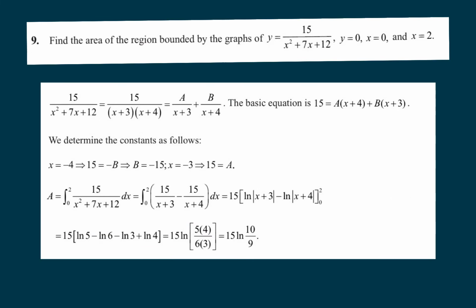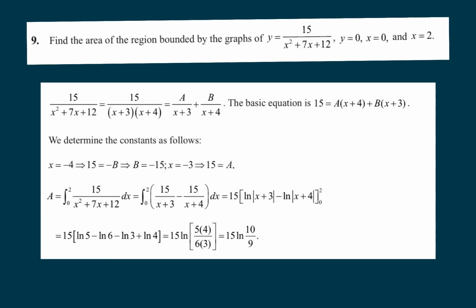And last problem, I hope. Find the area of the region bounded by the graph of y equals this function. To find the area, you need to make an integral from x equals 0 to x equals a value, and to make the integral of this function, you need to use partial fractions.